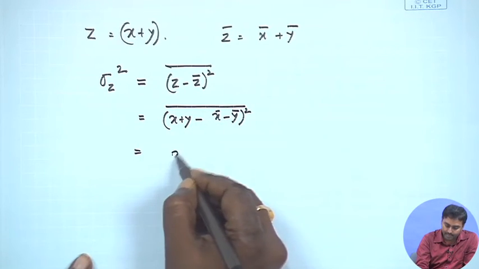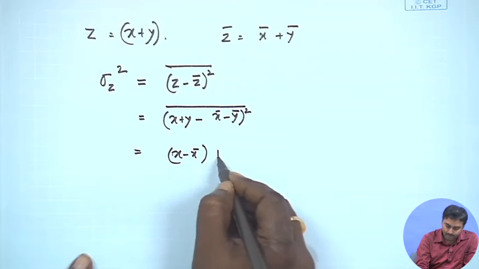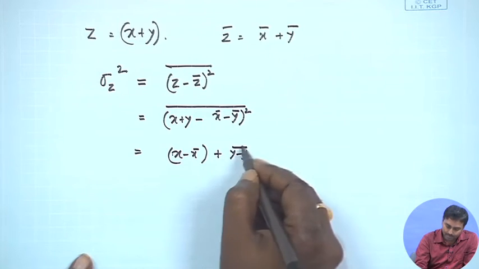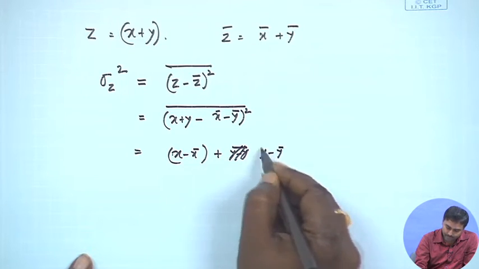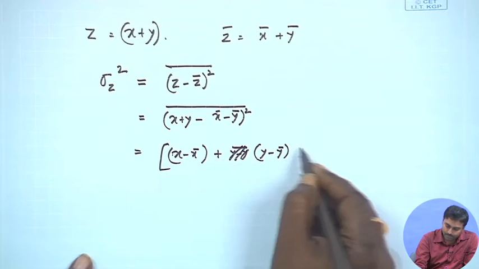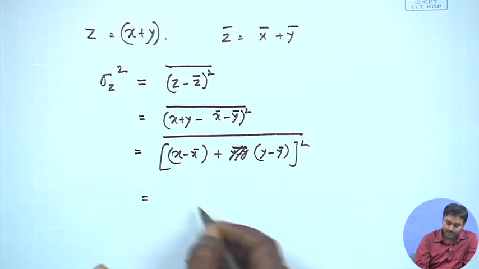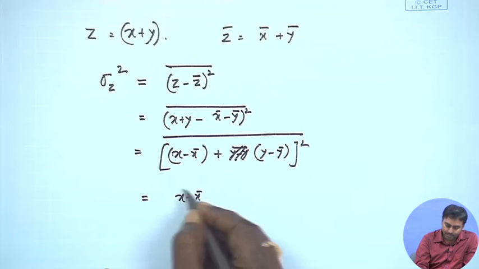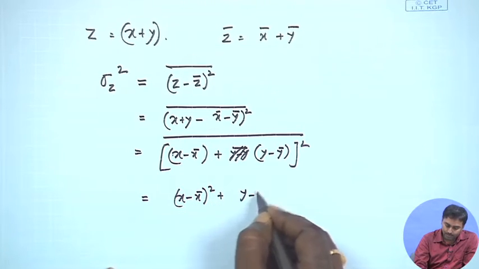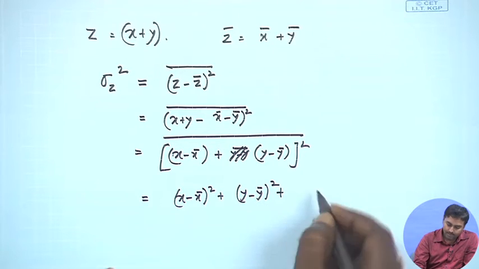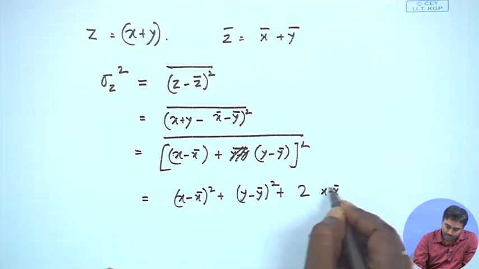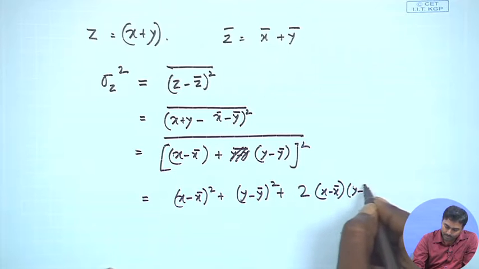I can club this as (x minus x bar) plus (y minus y bar). So, this can be written as (x minus x bar) whole square plus (y minus y bar) whole square plus 2 into (x minus x bar) into (y minus y bar).